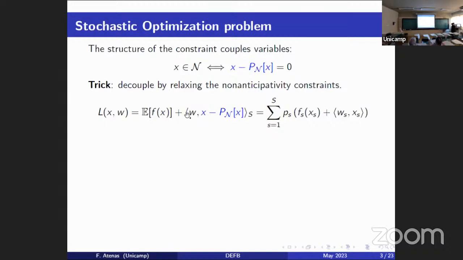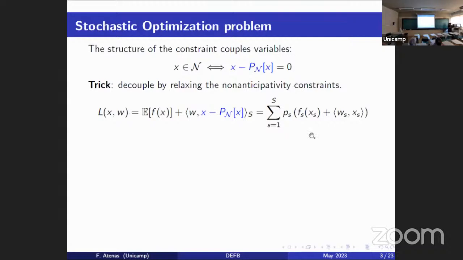And here, since w is the dual multiplier, the dual variable, it belongs to the non-anticipativity subspace in the dual space, which in this case corresponds to the orthogonal complement. So this term, w times the projection onto N, is 0 because they are orthogonal, right? So we can write the Lagrangian again as an expected value. So the Lagrangian again is separable.